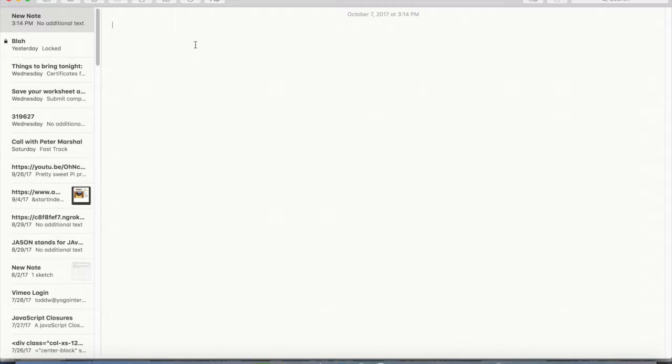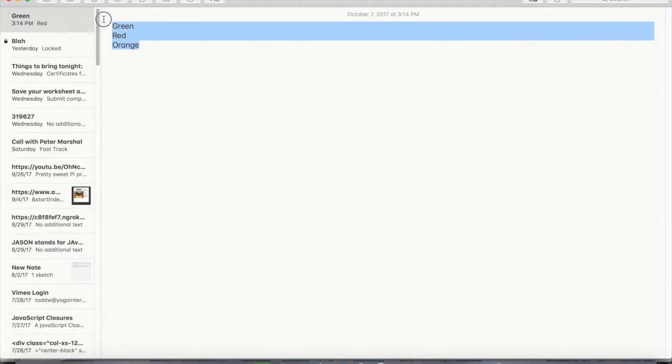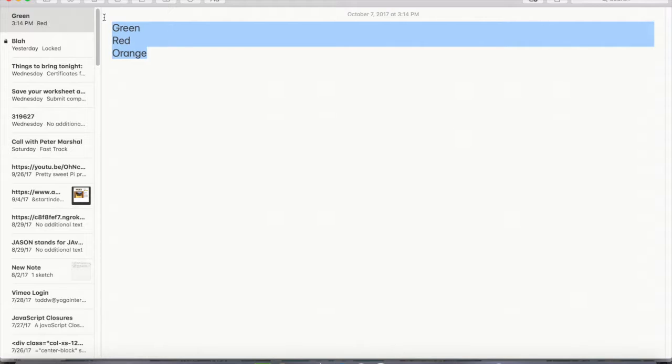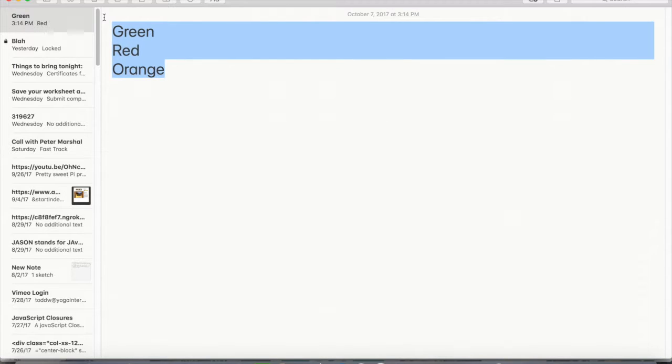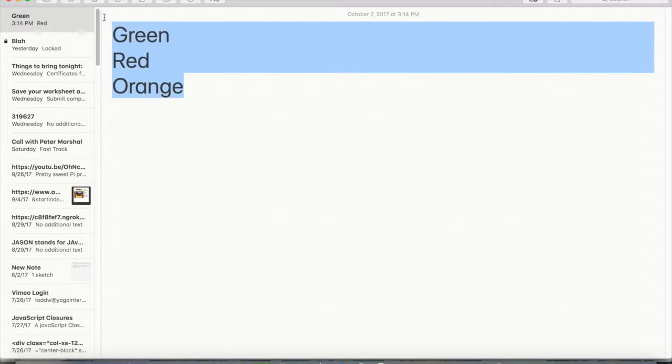What we're going to do with this note is create 3 different colors. So we have green, red, and orange. Now, what do these mean? Well, when I create circuits, and I'd like you to do this as well, I color code my circuits. Okay?